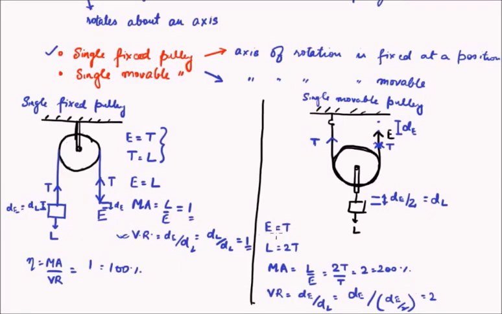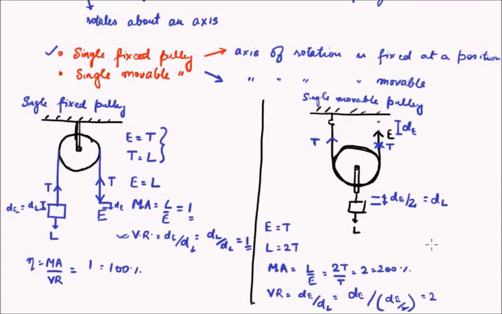So what we see here is that we are gaining on the force. We need to apply less force to move a certain load, but we are losing on the speed. That is, if we move the effort by 1 meter, we are moving the load effectively by 50 centimeter only. And this ought to be true, because this means that there is a conservation of energy, that is, no additional energy is being generated.